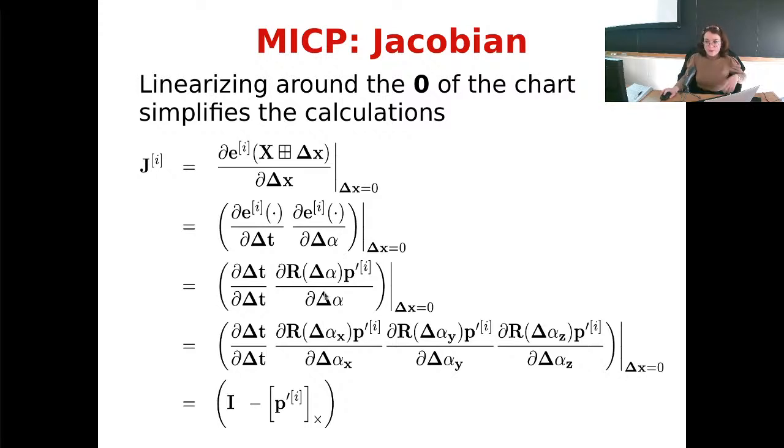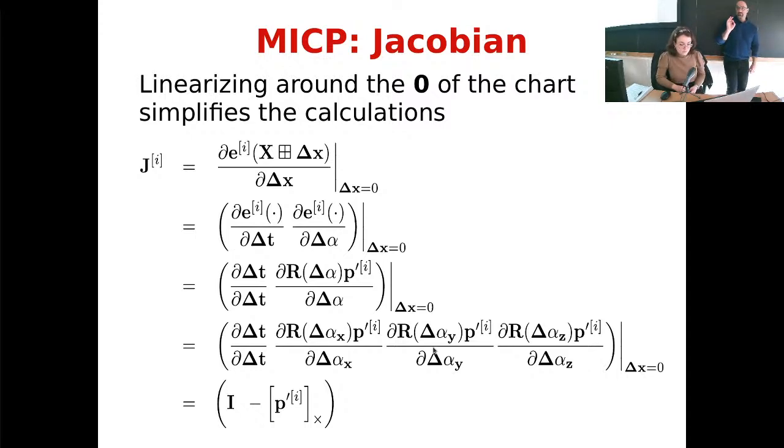If we want to be very precise, then this one here is an R, but these three here are Rx, Ry, and Rz respectively. You should do that on paper to be even more precise.